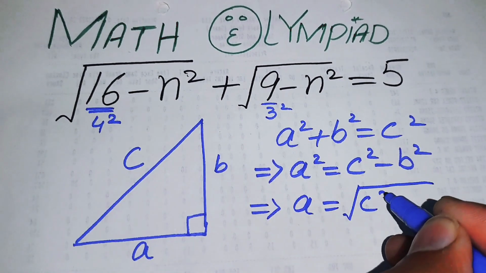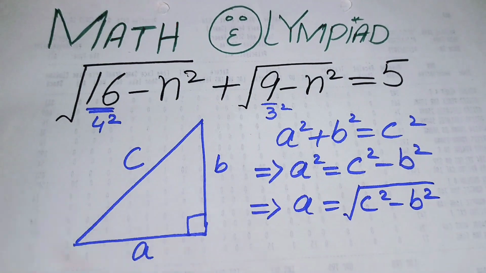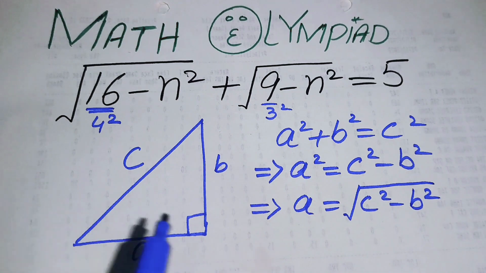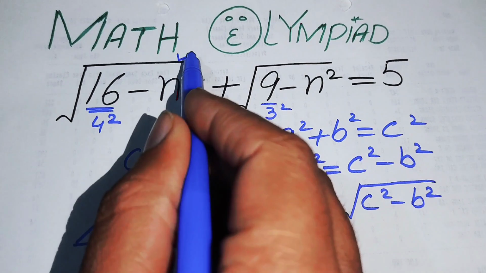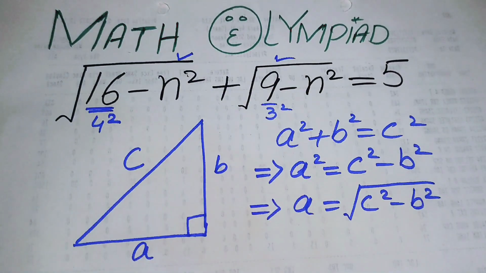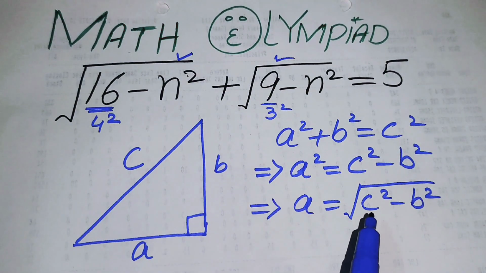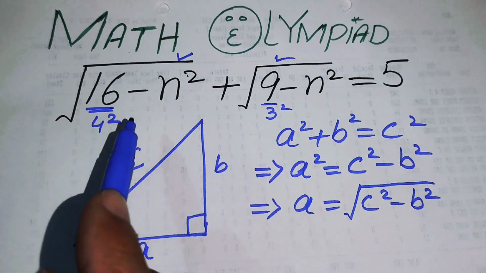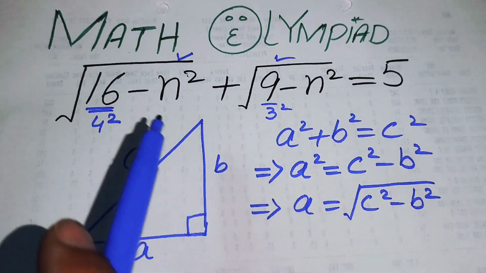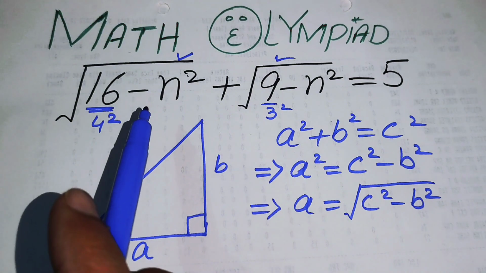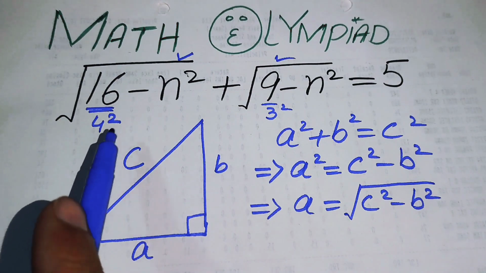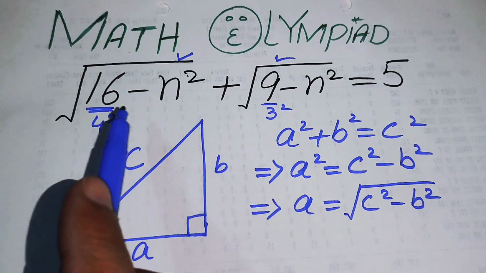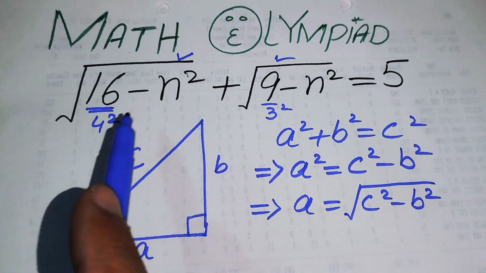Now first we can take the square root on both of the sides. So in the left hand side you have a, equals the square root of c square minus b square. And now we compare the right hand side of this Pythagoras theorem with both of the radical terms. When you compare the square root of c square minus b square with the square root of 16 minus n square, you easily see that we have c equals 4 and b equals n.